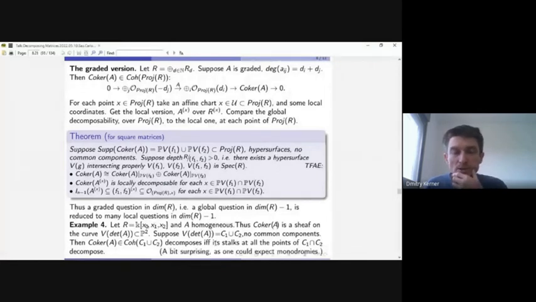Now, this result is a bit surprising because one could expect monodromies. If we check the decomposability at each intersection point, maybe as we go from one point to the other and do some loop, there will be a monodromy and it will obstruct the global decomposability. But the statement says that there is no monodromy in this case.